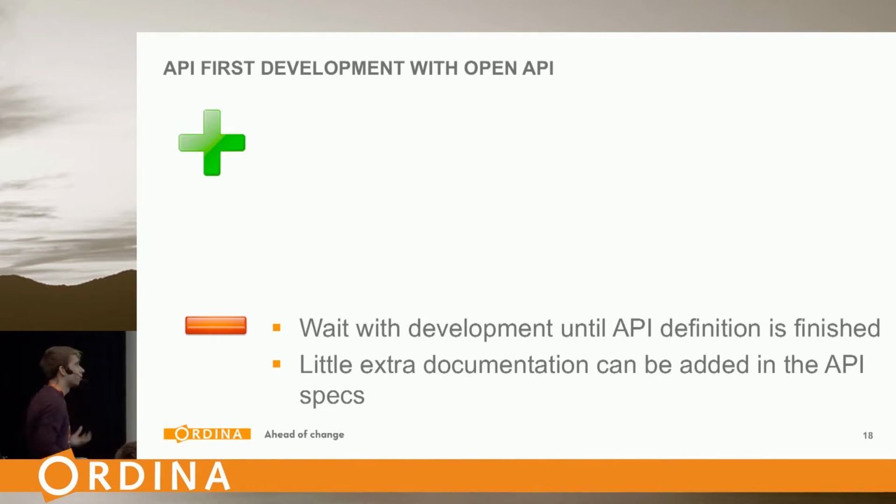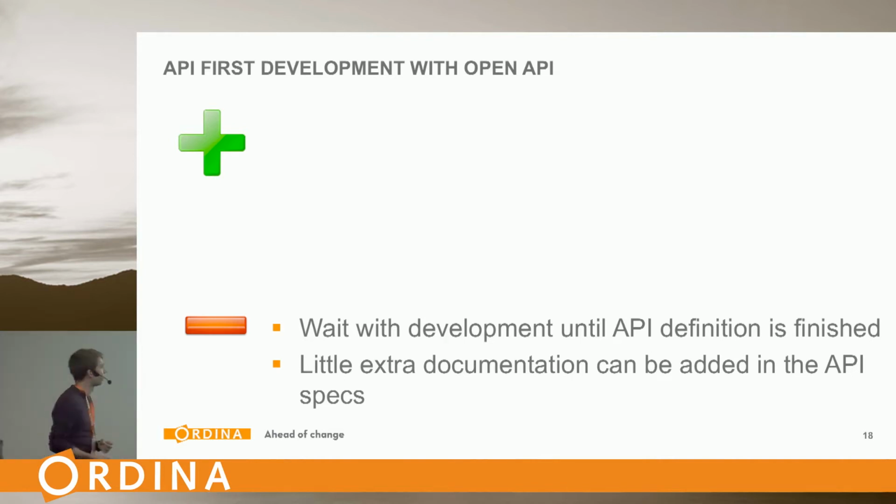Of course, that's not such a bad thing, spending time thinking about what your API would look like. Also, the OpenAPI specification allows you to put a description for an endpoint, but if you need extra documentation, you cannot put it in the specification file. So that's something where you would need another tool for it.